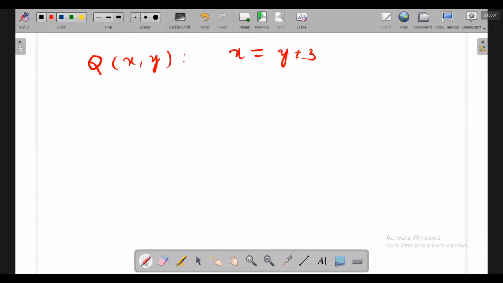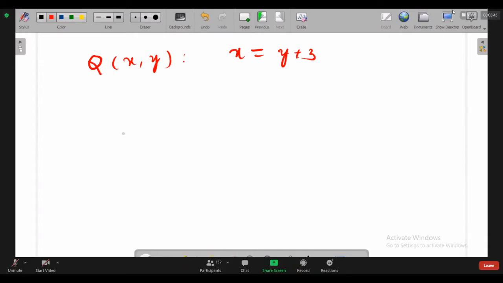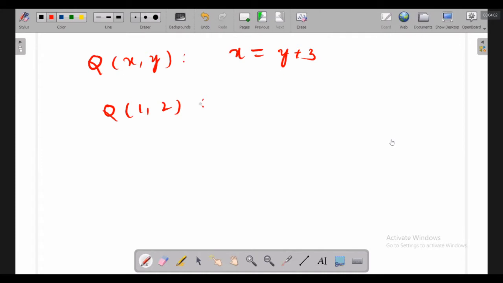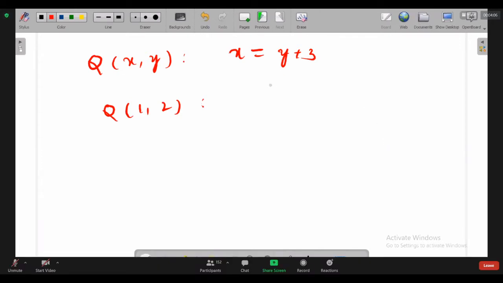What are the truth values of the propositions? Check the truth value of Q of 1 comma 2. The predicate is Q of x comma y, x is equal to y plus 3.